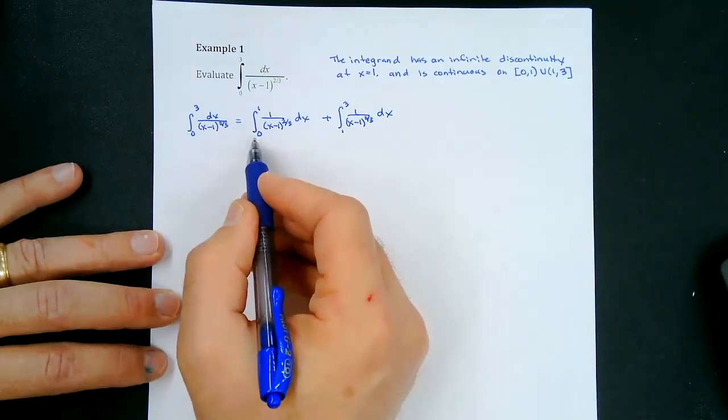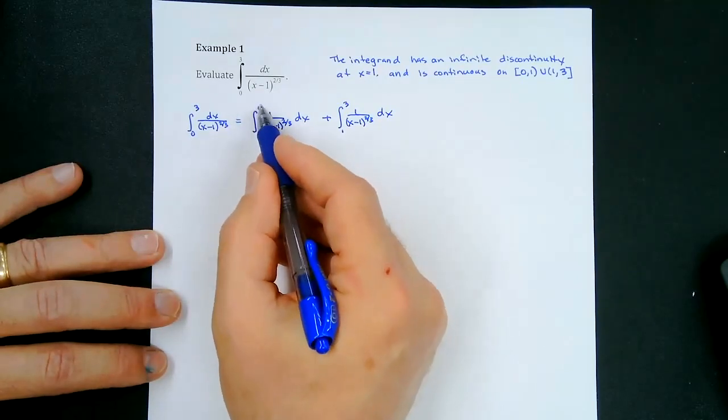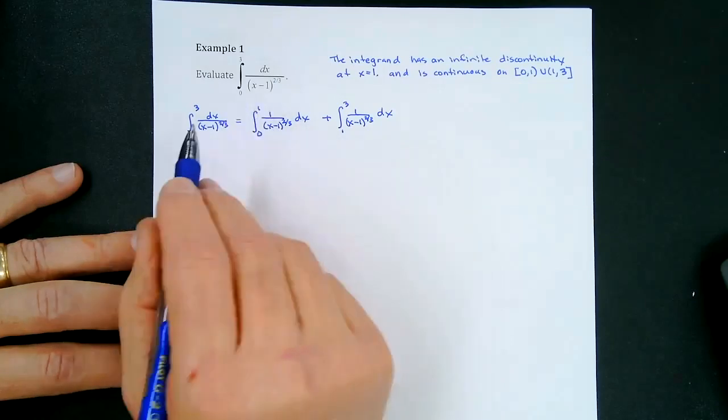And then because 1 is the upper limit, we're going to integrate from 0 to 1, so that's the right side. So we have to approach 1 from the left.